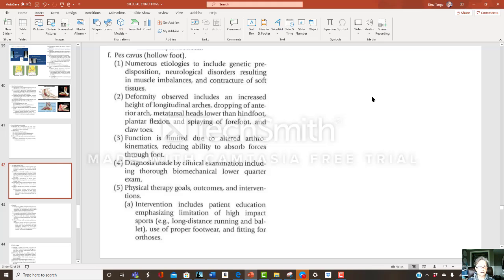Physical therapy goals, outcomes, and interventions. Intervention includes patient education, emphasizing limitation of high-impact sports, long-distance running, and ballet, use of proper footwear, and fitting for orthosis.